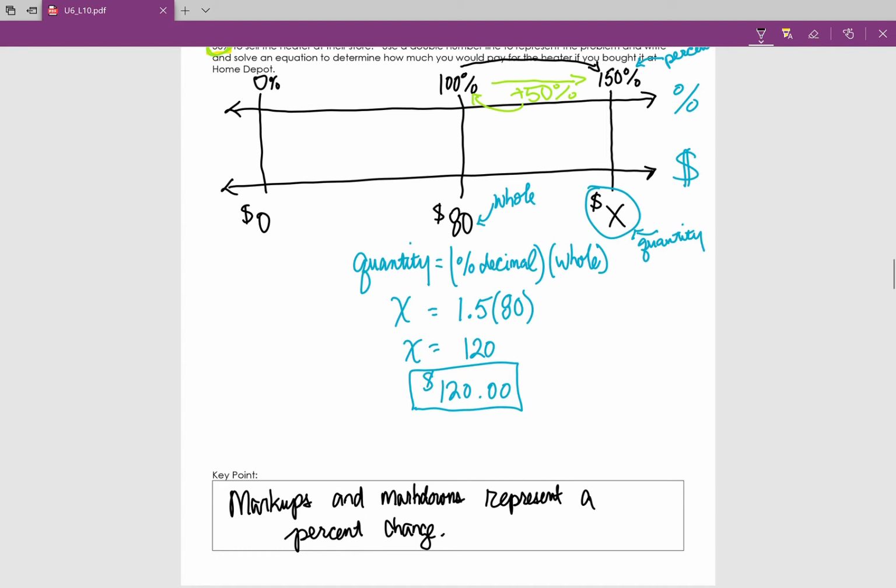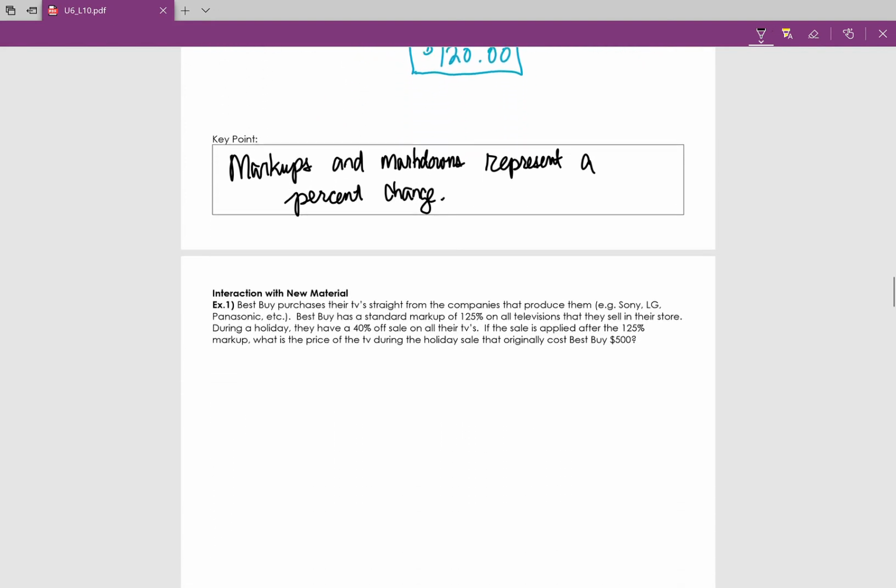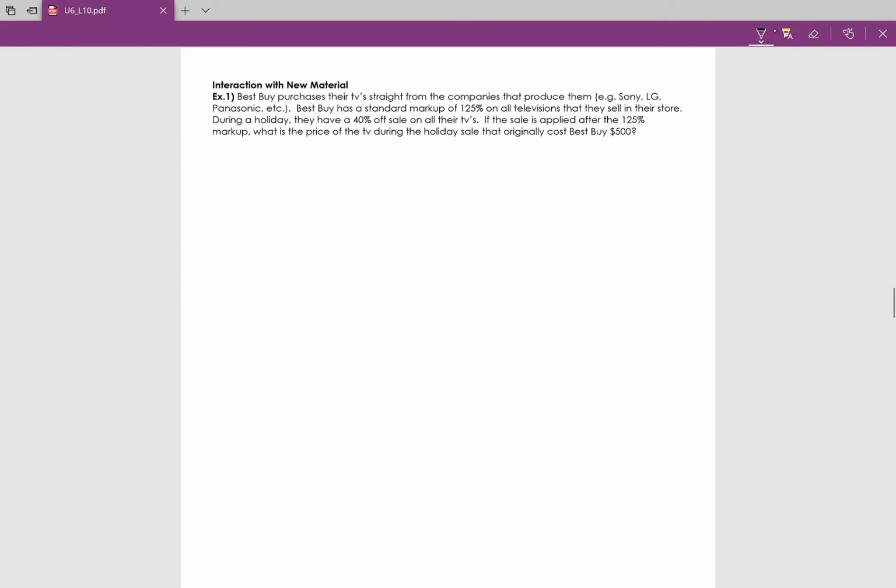So now, since we have the key point, let's take a look at our interaction with new material. It says, Best Buy purchases their TVs straight from the companies that produce them. An example, they purchase them from Sony, LG, Panasonic, any other company you can think of.